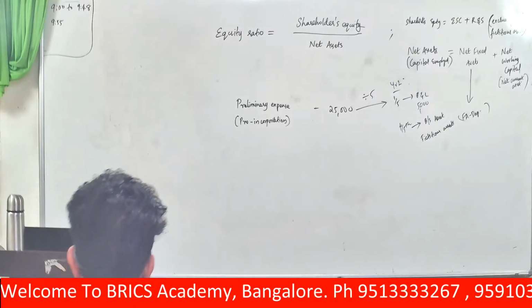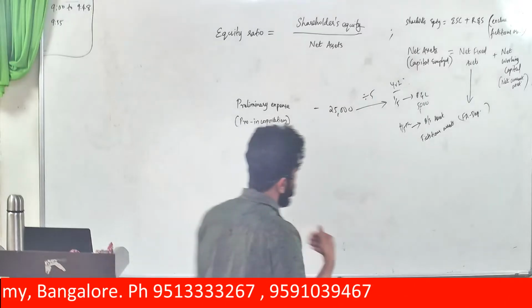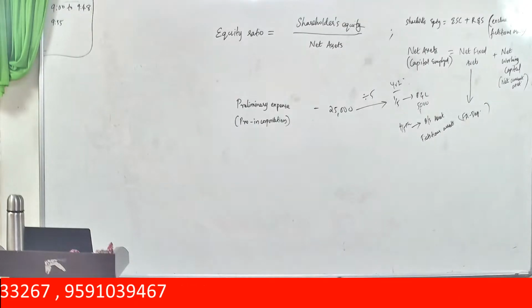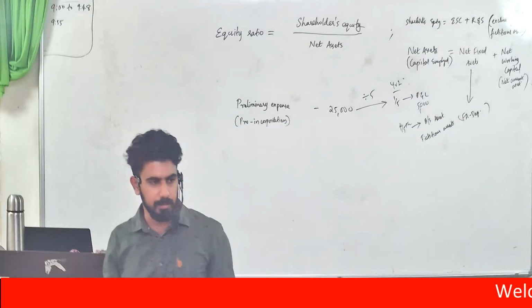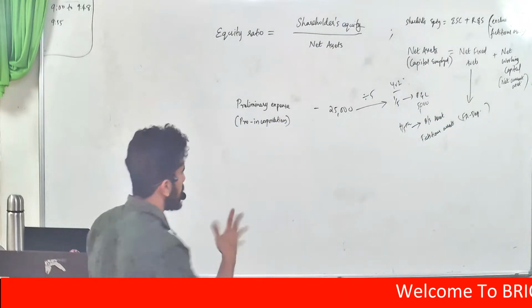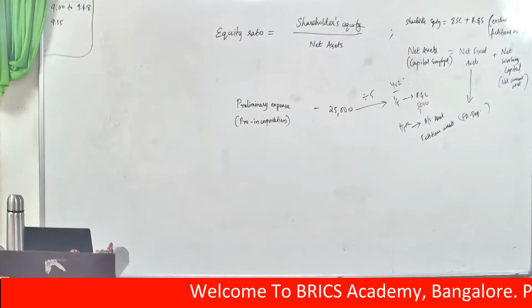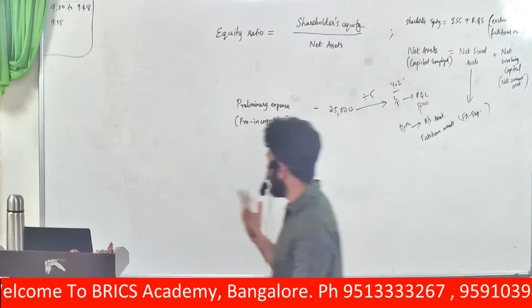Please remember, equity ratio is equal to shareholders' equity divided by net asset. Shareholders' equity means equity share capital plus reserves and surplus, but exclude fictitious assets, which are sometimes included in reserves and surplus. So just ignore it, remove it, and take it. The net asset, or capital employed, can be computed using net fixed asset plus net working capital.